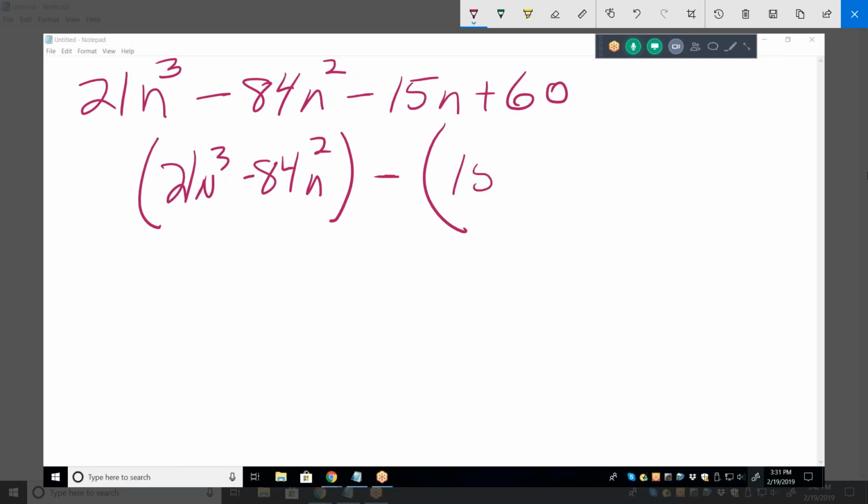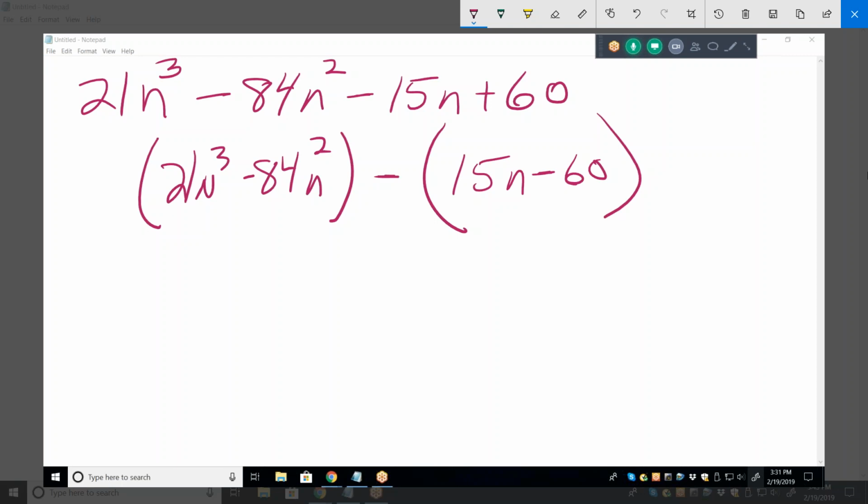Aha, that's the mistake everybody makes. Notice that if I wrote it like that, is that the same as the first line? No, wait. It would be minus 60, wouldn't it? Yeah. So in order to make it the same as the first line, that has to be minus.